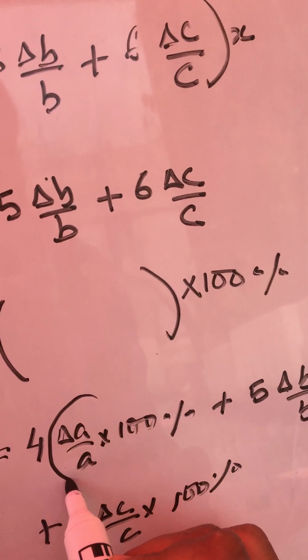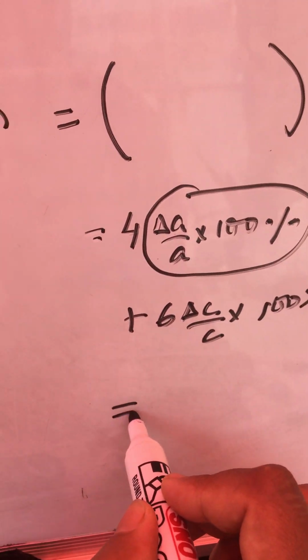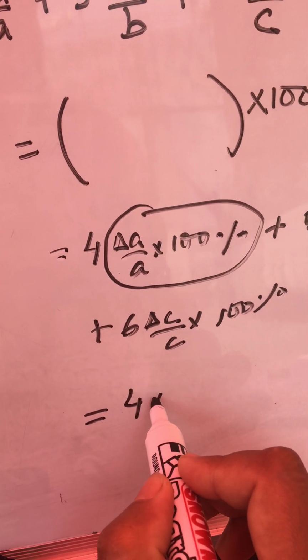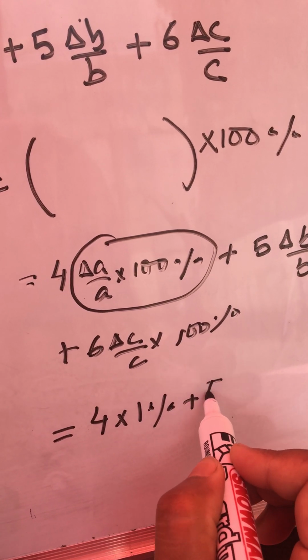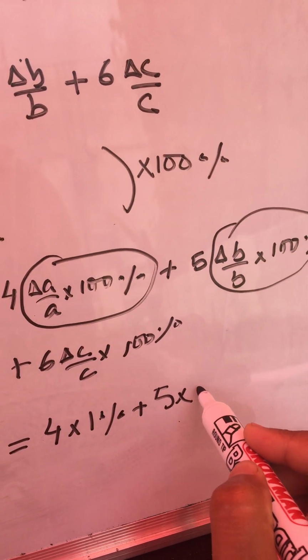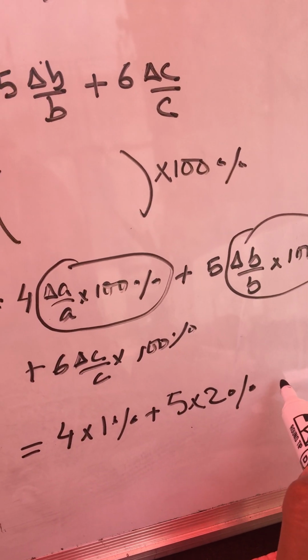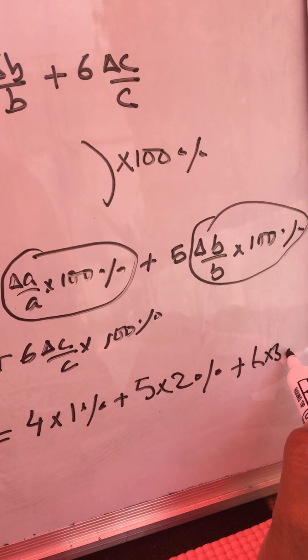This quantity is the percentage error in a. What is the percentage error? It is given in the question, it's 1%. Another is for delta b, the percentage error in b, which is 2%. And another is 3%, so 6 into 3%.